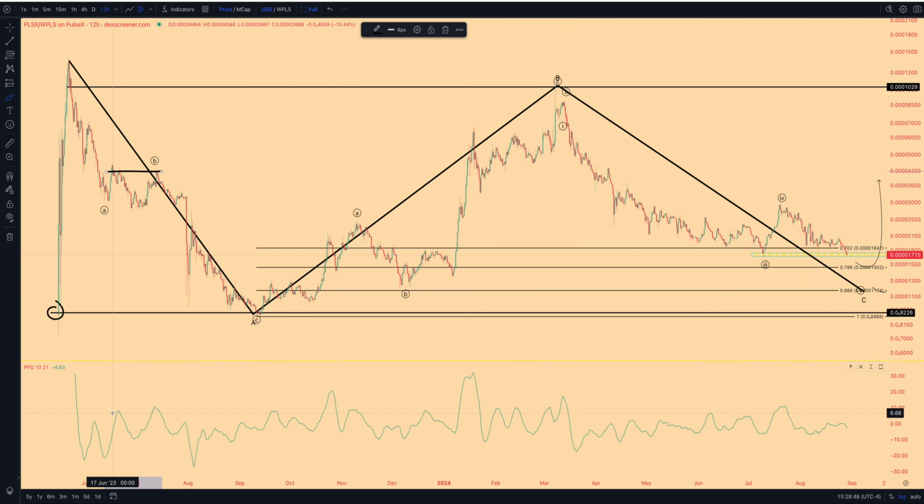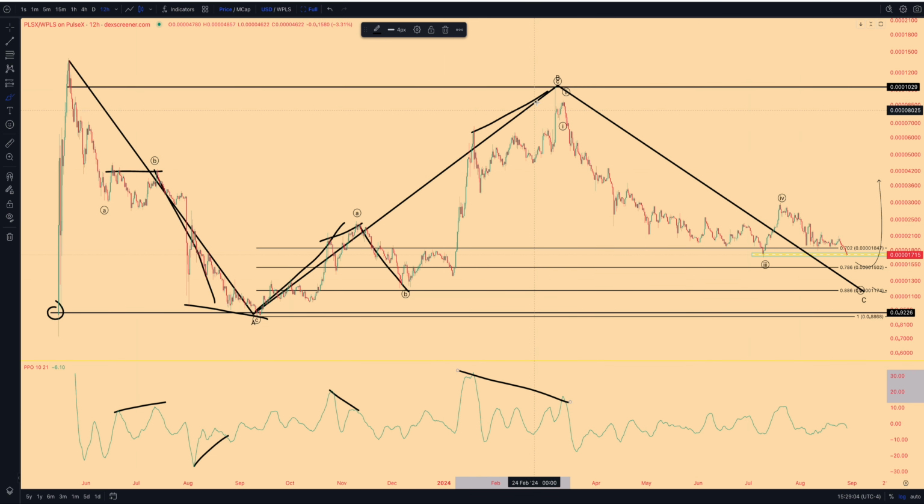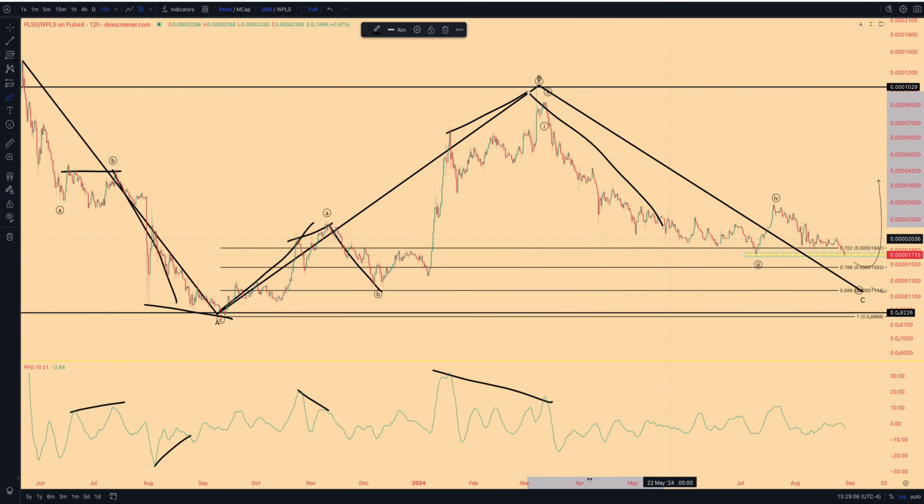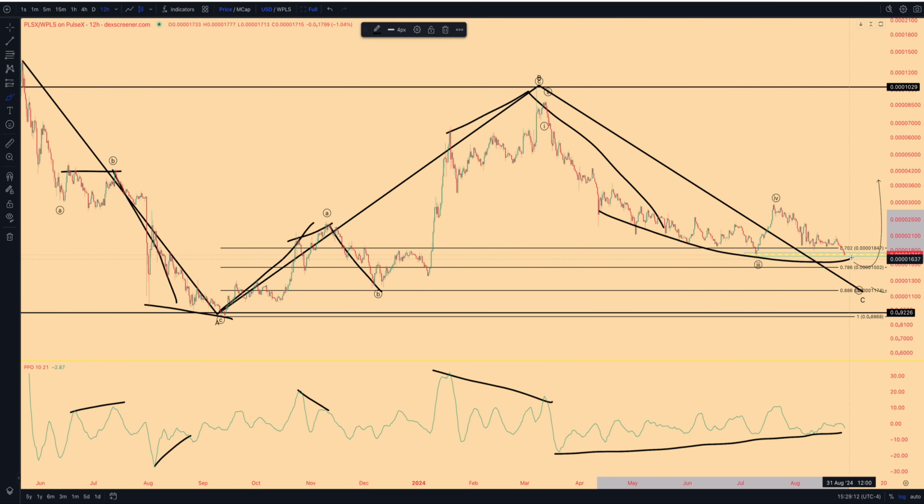Equal high, higher high, dump, lower low, higher low, pump, higher high, lower high, dump, right? Higher high, lower high, dump. And then we've just been making slight bullish divergence all throughout this rounding bottom over here.